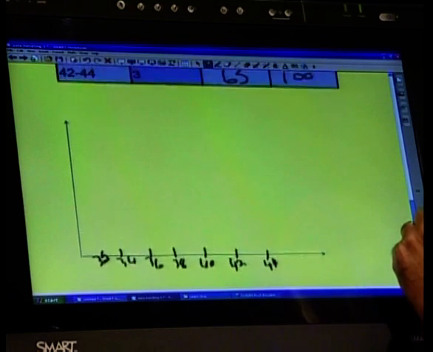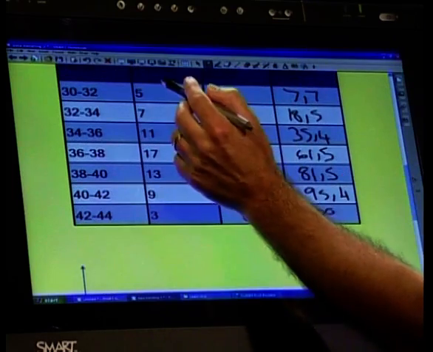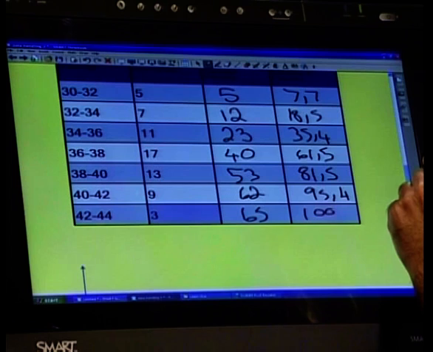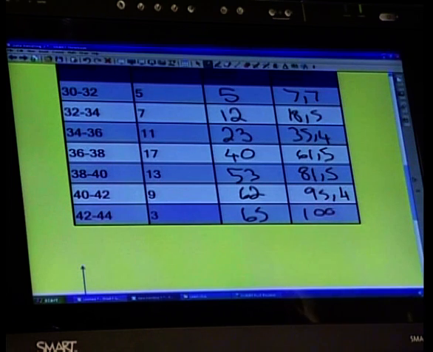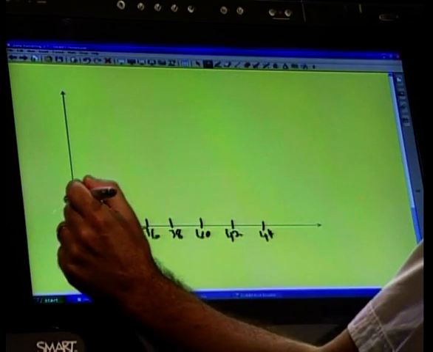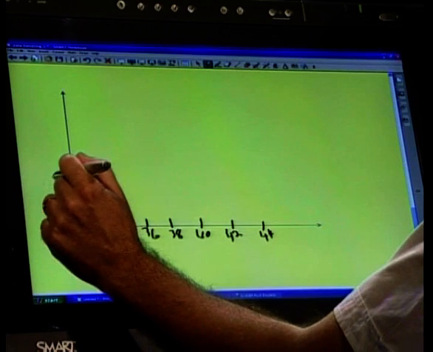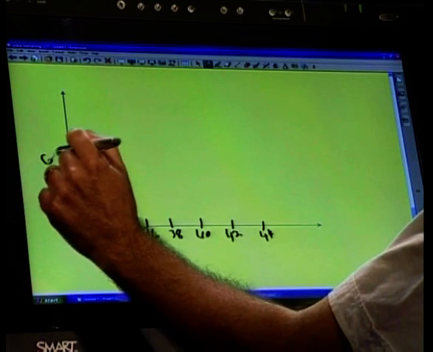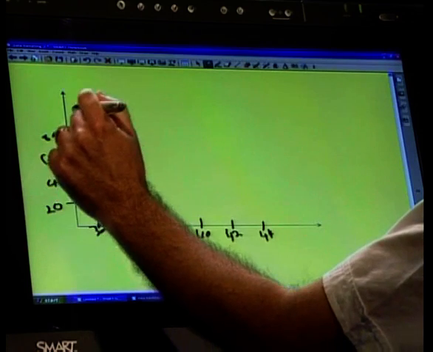Remember, we had 5 children in the first one, but what we're interested in is the percentage frequency. So on the left-hand axis, we're going to go with percentages again: 20, 40, 60, 80, and 100.